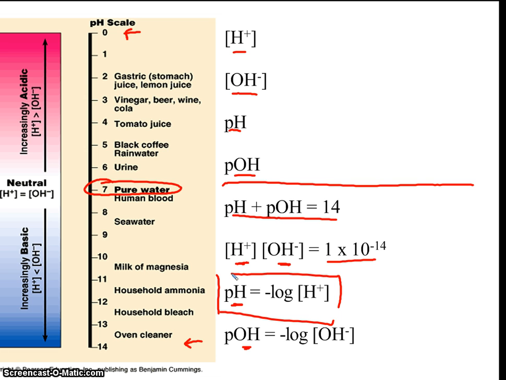So what that means is that if we have a hydrogen ion concentration of 1 times 10 to the negative 3rd, then we want to take the log of 1 times 10 to the negative 3rd, and if you check your calculator right now, you can pause and go through, you should get negative 3. We're then going to take the negative of negative 3, which comes out to be a pH of 3. Okay, so you need to be able to do that calculation for both the pH and the pOH.